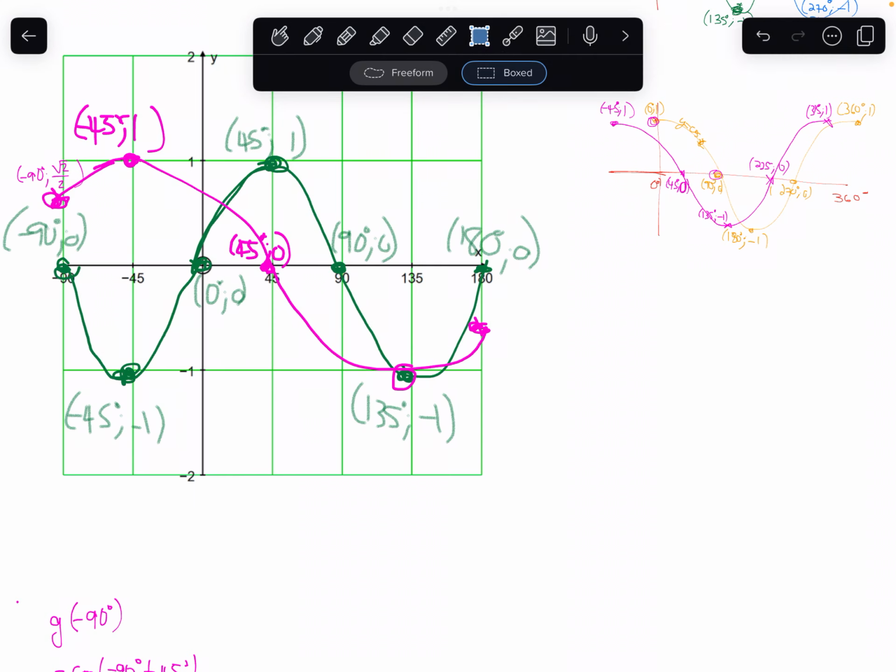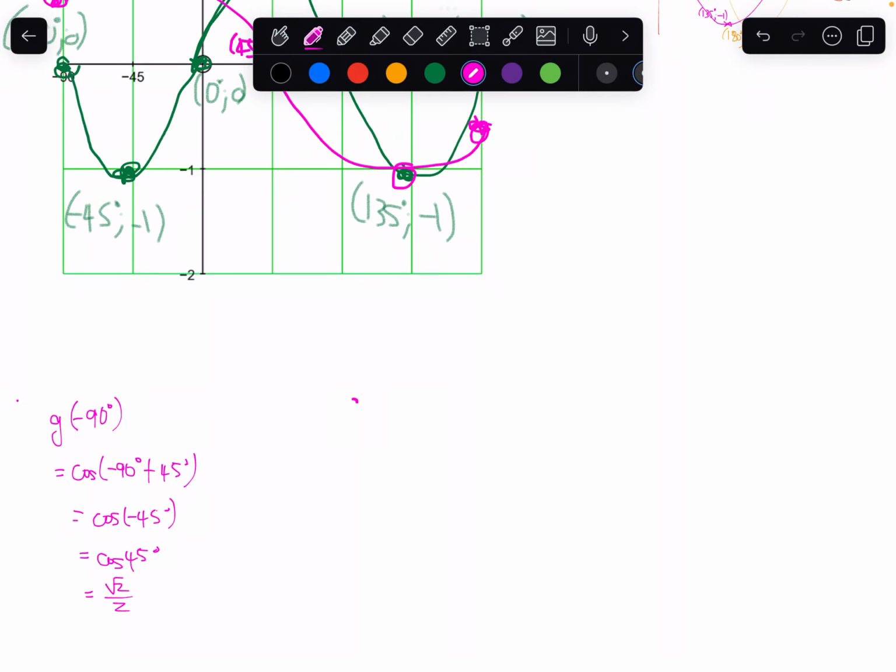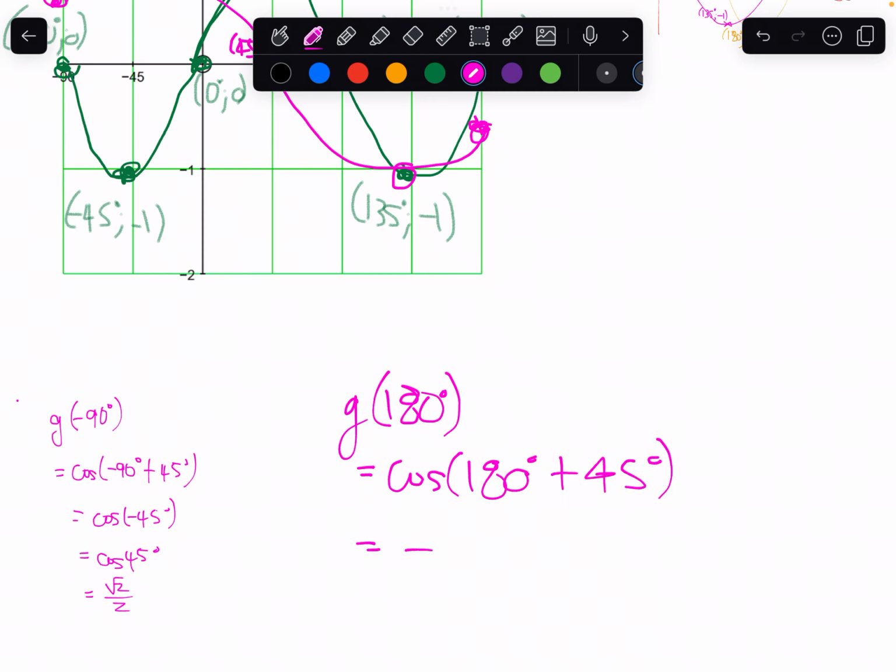Okay, right. Anyway, so now we want to work out the coordinates for this endpoint. So that is when x is 180 degrees. So that is cos of 180 plus 45, which reduces to negative cos of 45, which is negative root 2 over 2.